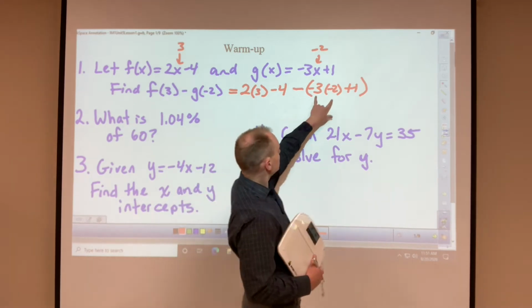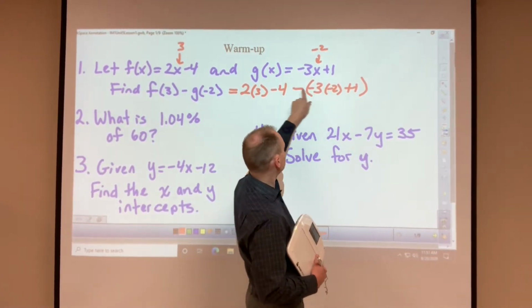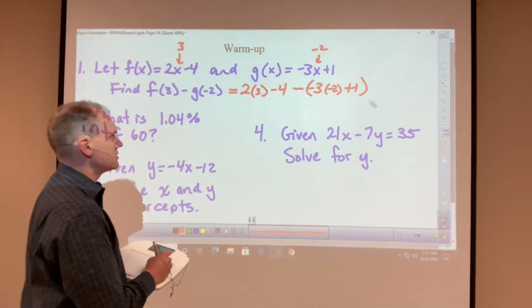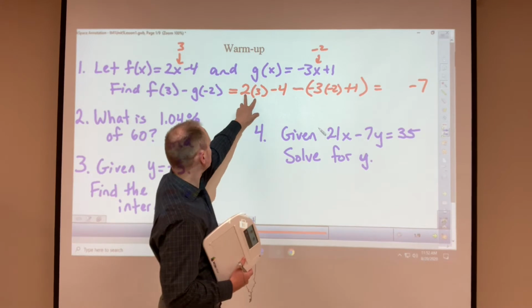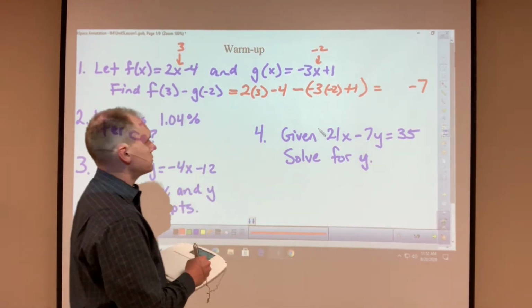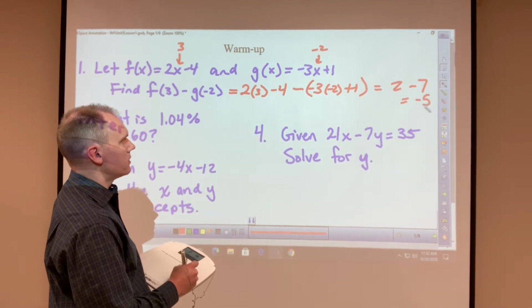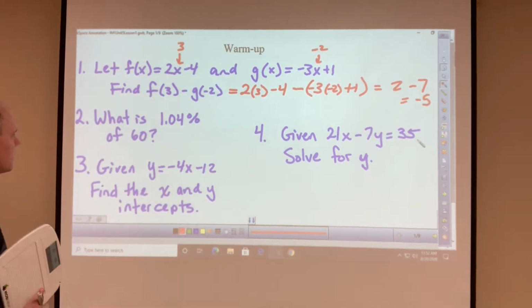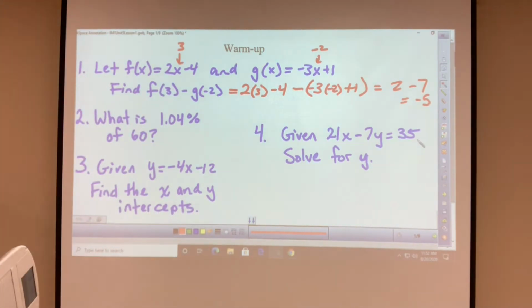So let's see, negative 2 times negative 3 is positive 6, plus 1 is 7. So we're going to end up subtracting 7 there. So minus 7. From, let's see, 6 minus 4 is 2. So 2 minus 7 equals negative 5. So f of 3 minus g of negative 2 equals negative 5.